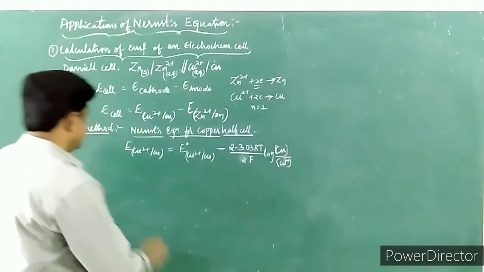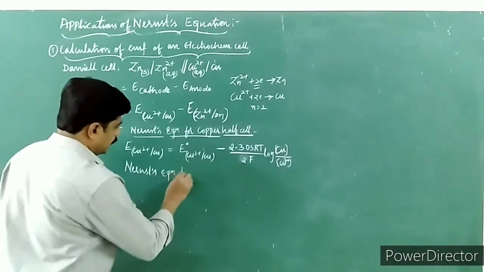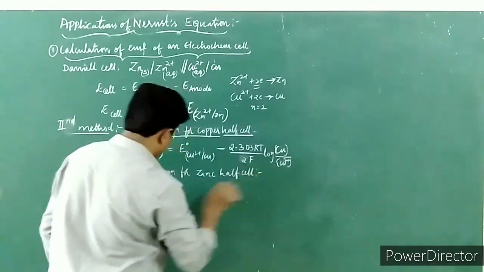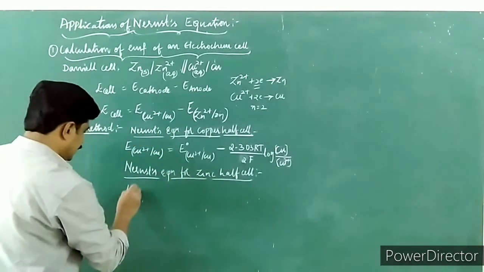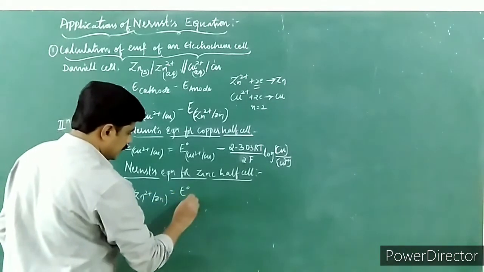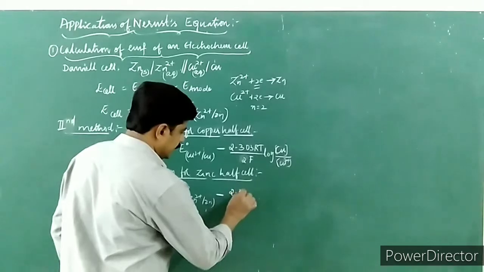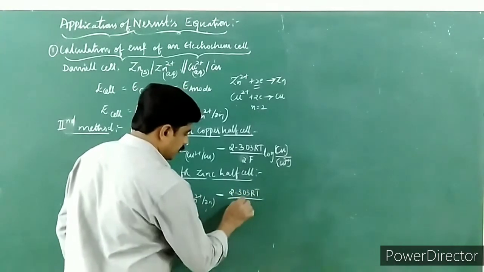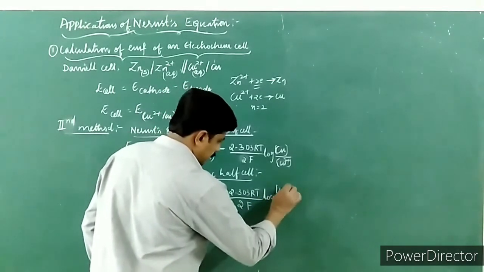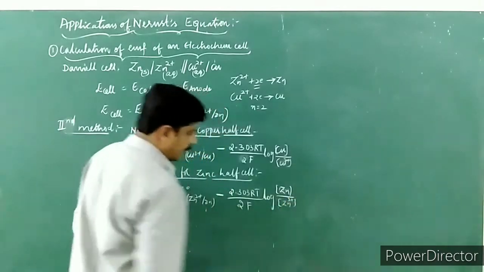Hope you got it. Similarly, let me write the Nernst equation for the zinc cell. E Zn2+|Zn is equal to E° Zn2+|Zn minus 2.303 RT upon 2F, the log of molar concentration of zinc upon molar concentration of zinc 2+ ions.